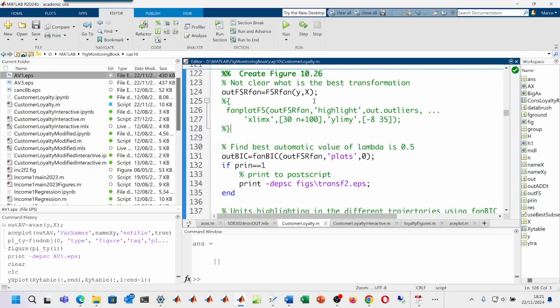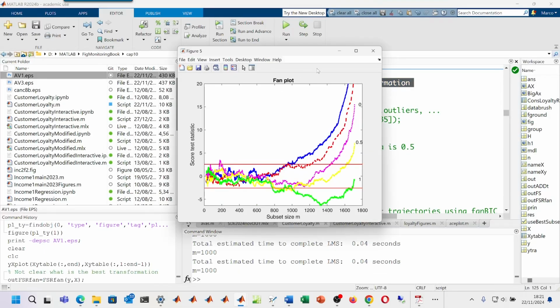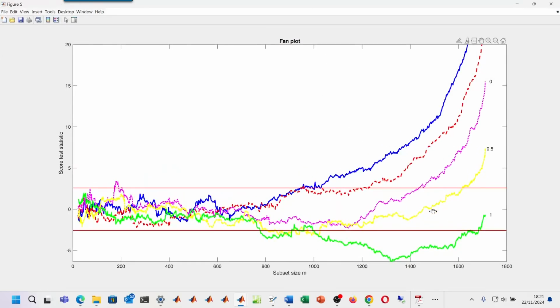Now we check whether the data have to be transformed. We monitor now the statistics for the constructed variable. The trajectory, for example, for 0.5 stays inside, then goes out.